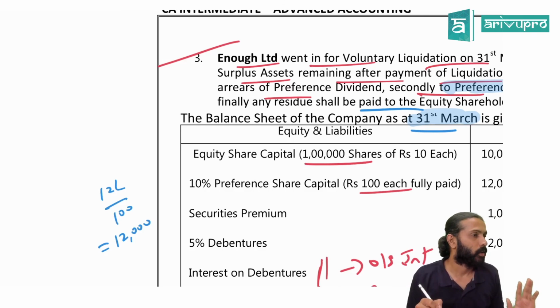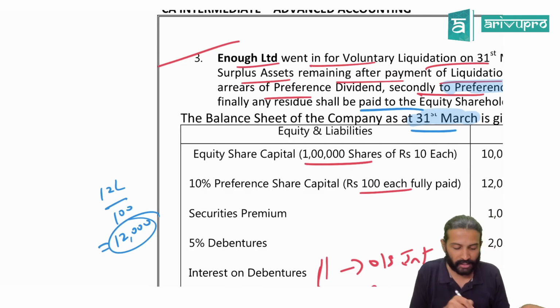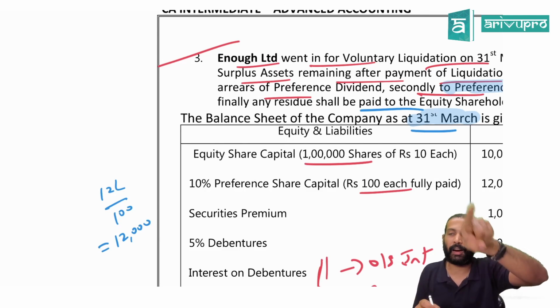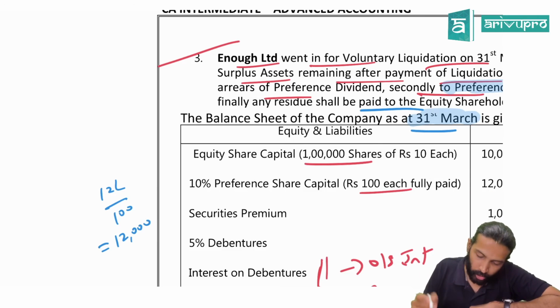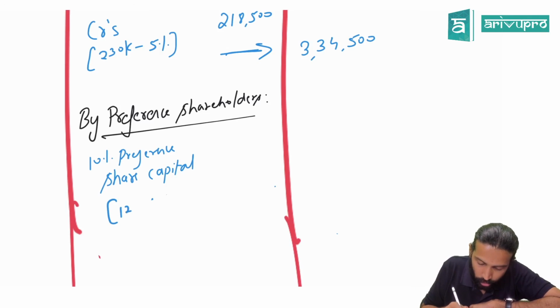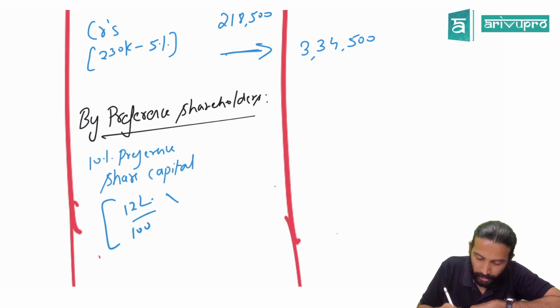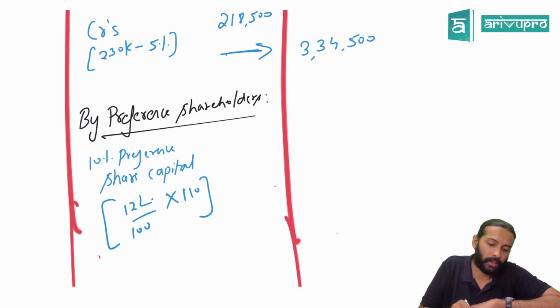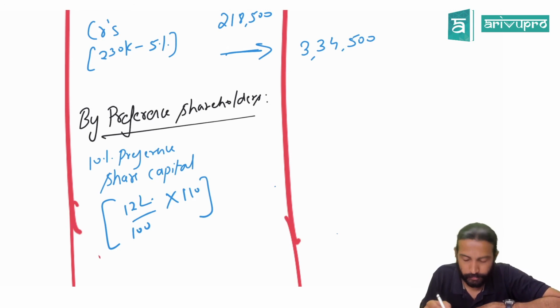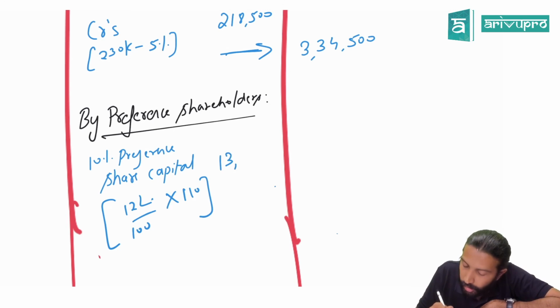Yes or no? 12,000 preference shares you have. Each one's face value is 100. But are we paying 100 or 110? So that means here you can write 12,000 into, or maybe you can write like this, 12 lakh is your preference share capital divided by 100. That will give you a number of preference shares multiplied by the 110, the value. How much will be that? 13 lakh 20,000. Okay, thank you for reminding.